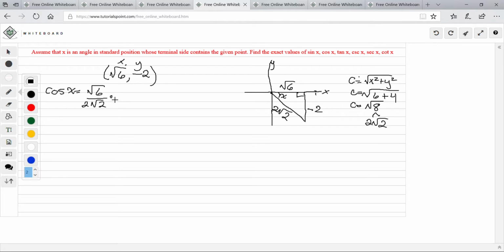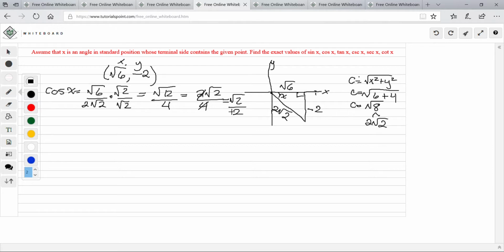I'm going to rationalize the denominator by multiplying top and bottom by square root of 2. So square root of 6 times square root of 2 is square root of 12. The bottom is left with 2 times an extra 2, which is positive 4.